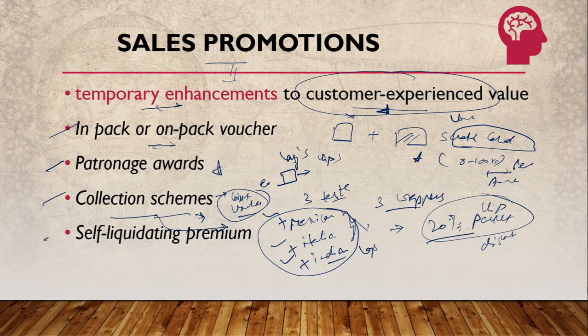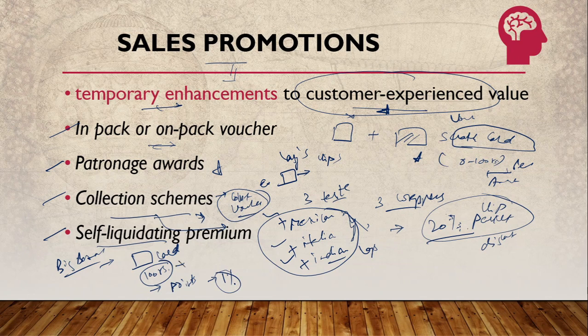The fourth one is the self-liquidating premium. You might have seen, let us say, the case of Big Bazaar. When you purchase anything in Big Bazaar, they give you a card, and then they type in your card. Let us say you are purchasing 100 rupees, then they will add some points to your card, let us say 1%. So whenever you make a purchase of 100 rupees, they add 1 rupee from their side to your card.